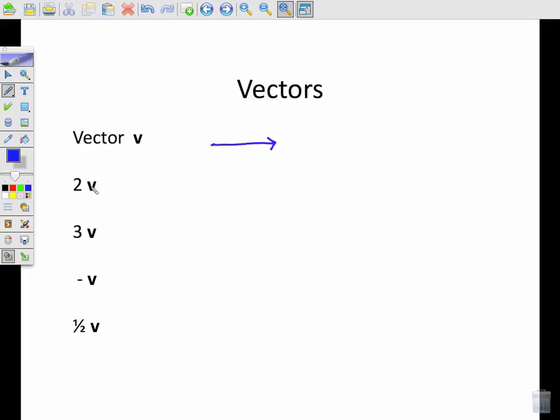Then 2 times vector v would be twice the length. And 3 times vector v would be 3 times the length. And negative v would be the vector going in the opposite direction, but yet the same distance. And half v would be half of the segment. So those are some characteristics vectors have, whether they are being multiplied by something or if there's the opposite of.